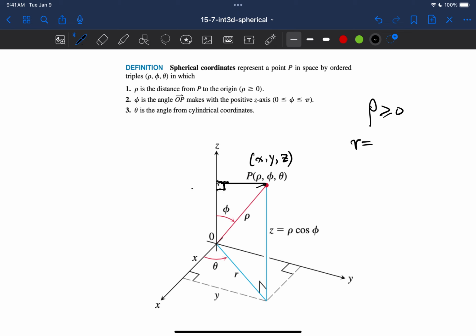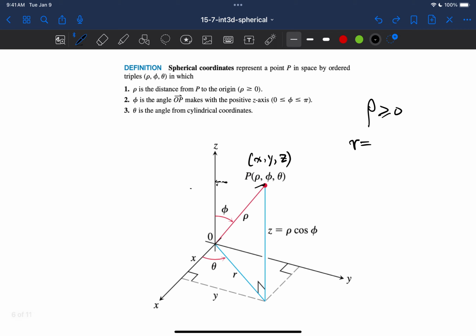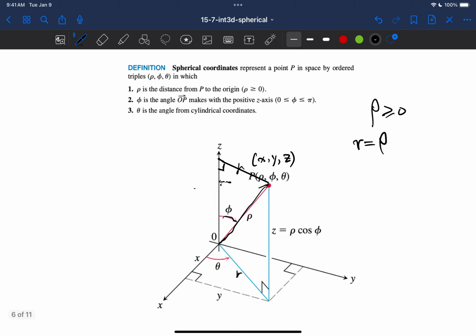Suppose this is orthogonal, then from this triangle you can see that this is r, and because this angle is phi and this is rho, the hypotenuse, then r is rho sine phi.